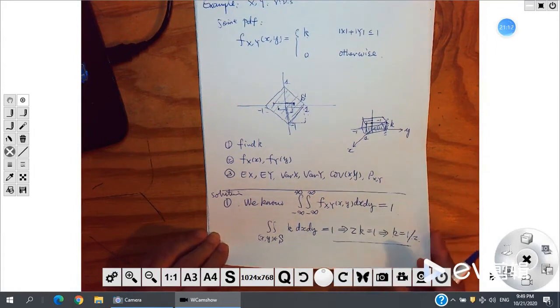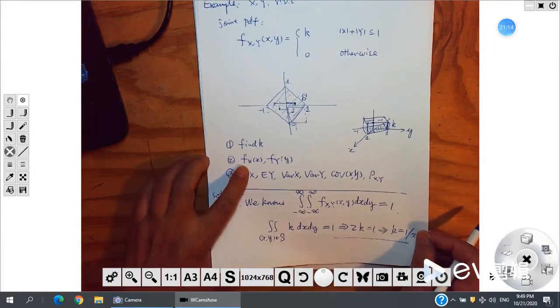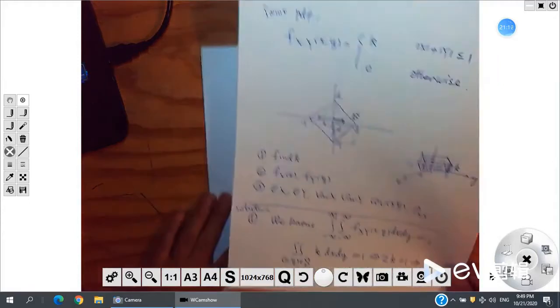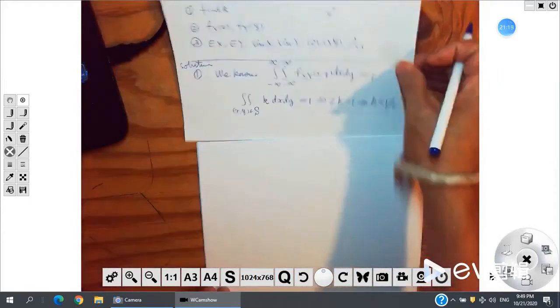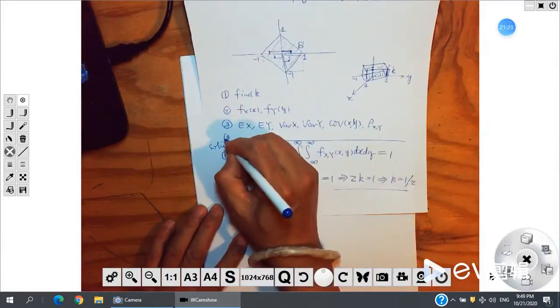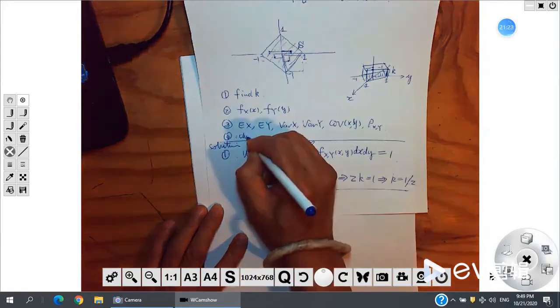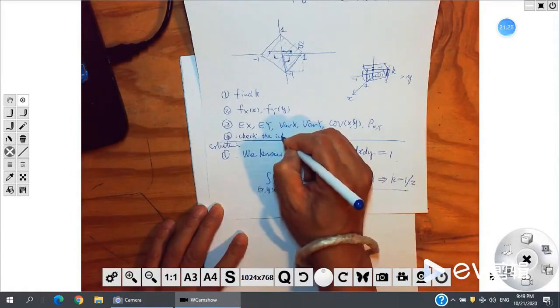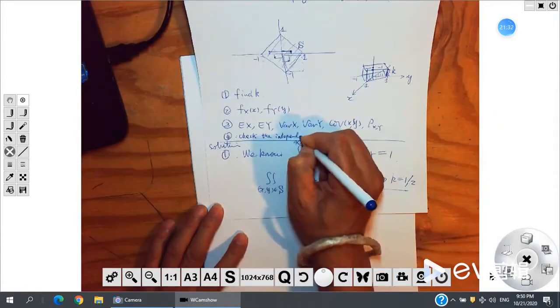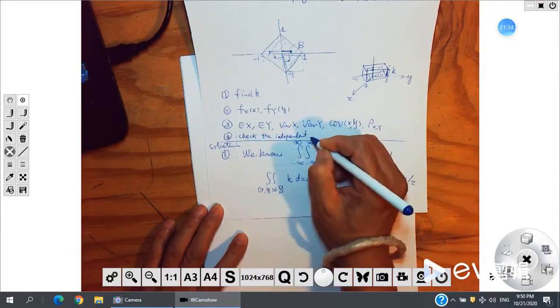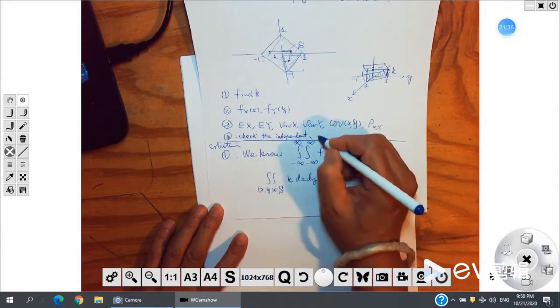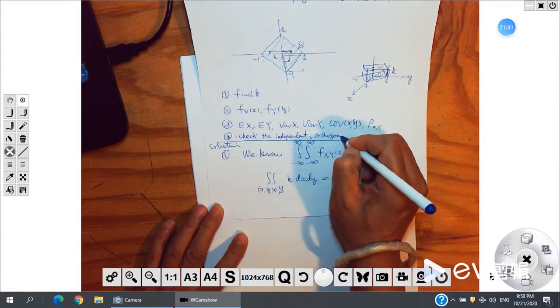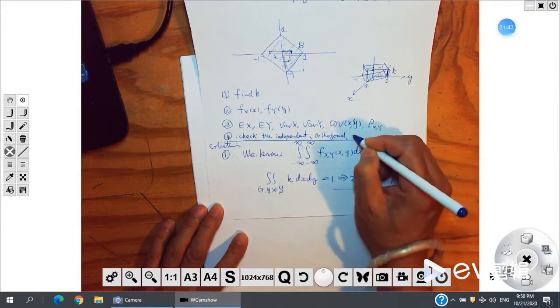The second one, we do want to find fx and fy. Forget this. The fourth: check whether it is independent, or orthogonal, or uncorrelated.